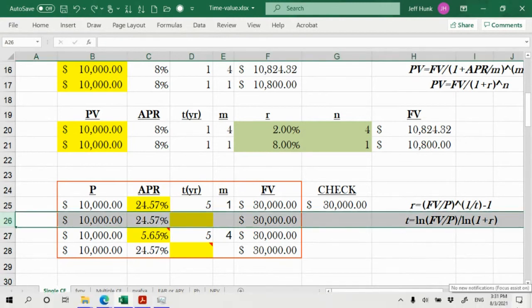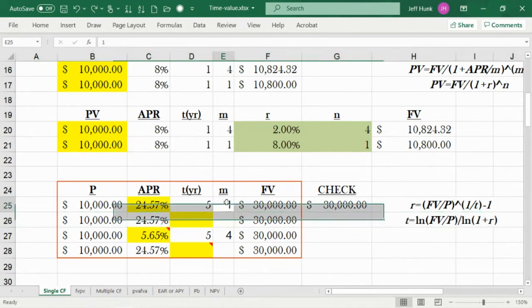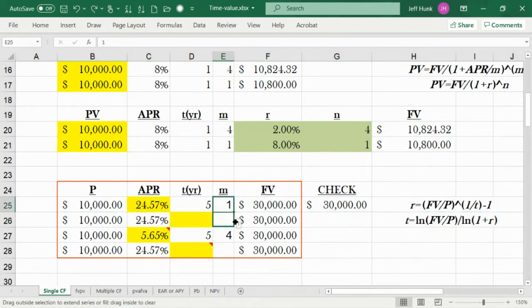look at this row 26, and what is it about? You have $10,000 today, and currently the interest rate is 24.57%, and currently compounding is just once a year.